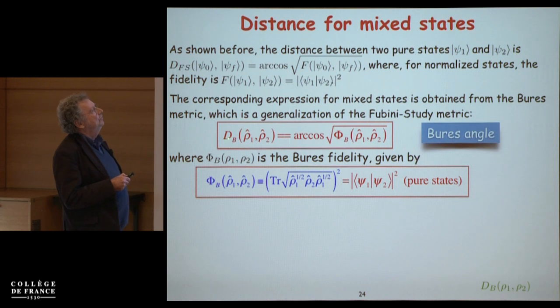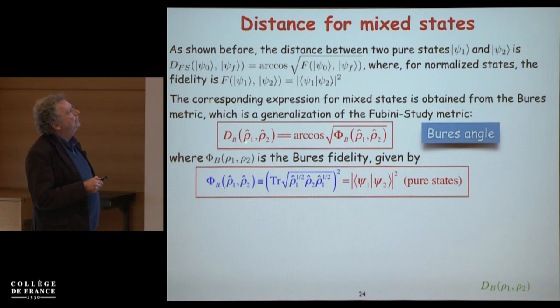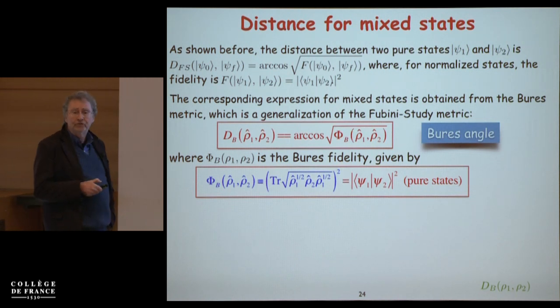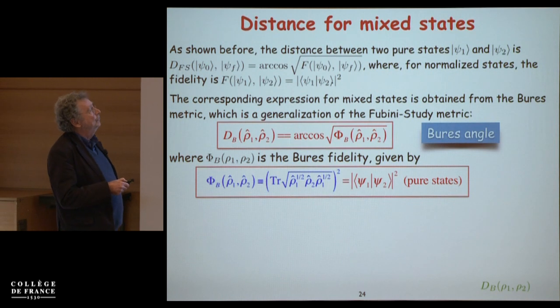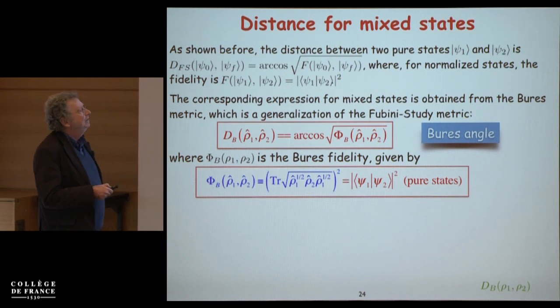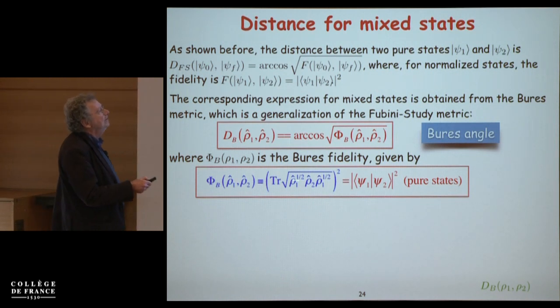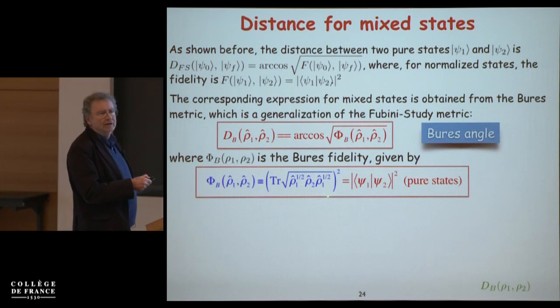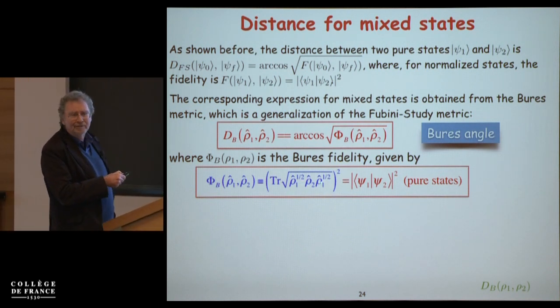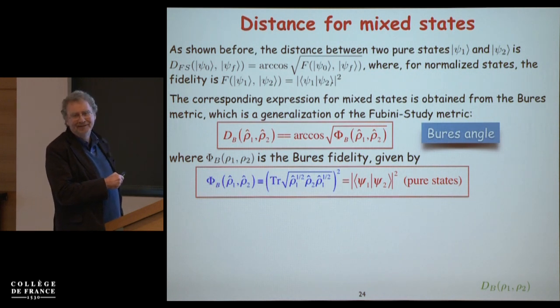What Bures showed is that the distance between 2 density matrices, ρ1 and ρ2, can be written as also an arc cosine of the square root of some fidelity, but the fidelity now is defined in this way here. Okay? Homework assignment, show that it is symmetric between ρ1 and ρ2.